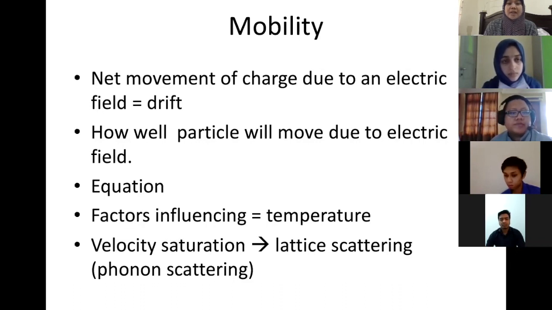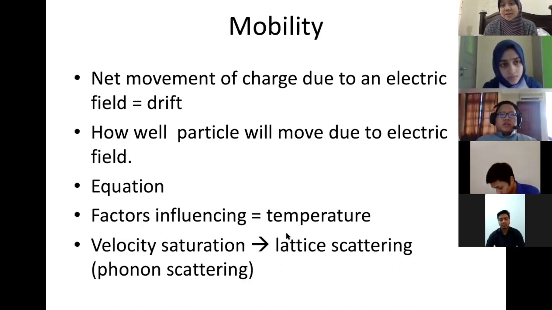There are factors affecting the mobility, such as temperature. As the temperature increases, does the mobility increase or decrease? Decrease. Why? Because atoms vibrate and collisions happen, so the speed decreases.